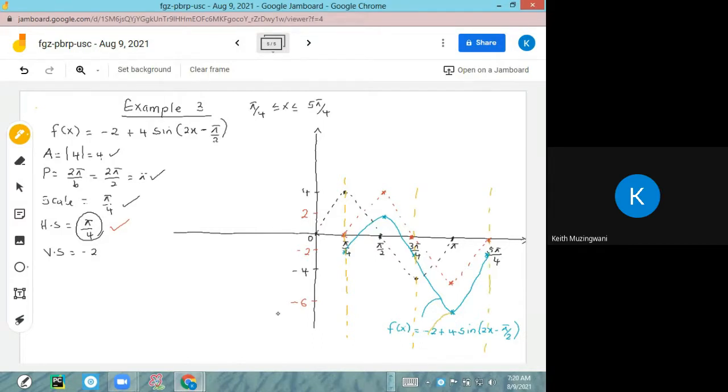So I'll take it down, and I'll take it up. That's all. This graph here is f of x is equal to -2 plus 4 cosec 2x minus pi over 2.